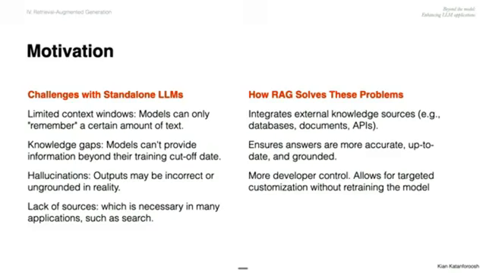And when you query, what is our Q4 performance in sales? Hopefully, there is the last board deck in the drive, and it can read it. And more developer control. We'll see why RAGs allow for targeted customization without actually requiring the retraining of the model. In fact, you don't touch the model with RAGs. It's really a technique that is put on top of the model.